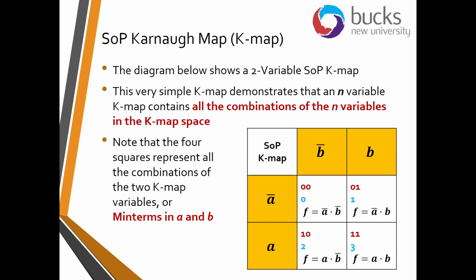Here we see a sum of products Karnaugh map, or K-map, and the diagram shows us a 2-variable sum of products K-map. This very simple K-map demonstrates that an n-variable K-map contains all the combinations of the n variables in the K-map space.